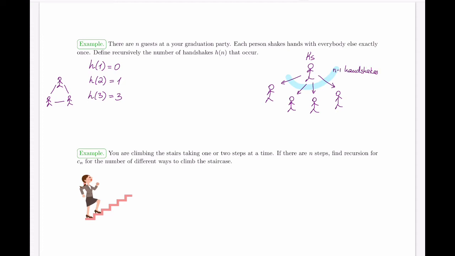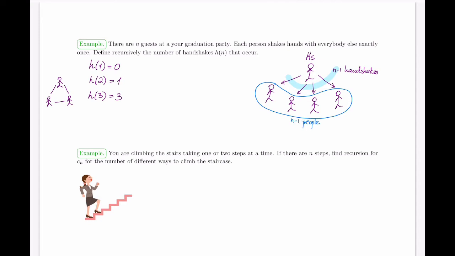Now, this is great news. So now Ksenia has shaken hands with everybody, but everybody else has to shake hands all amongst themselves. So now we have to think of them as a group altogether. All of these people have to shake hands amongst themselves. There are n minus 1 people here.